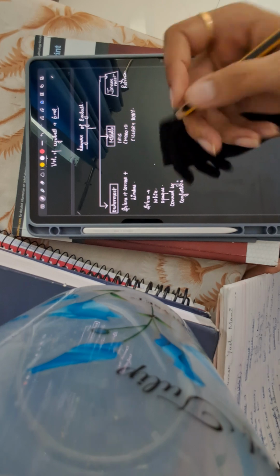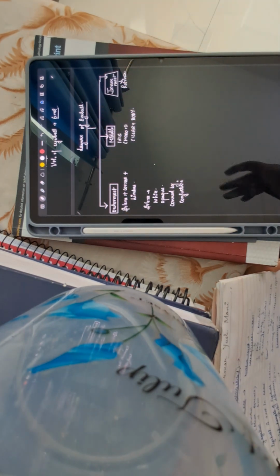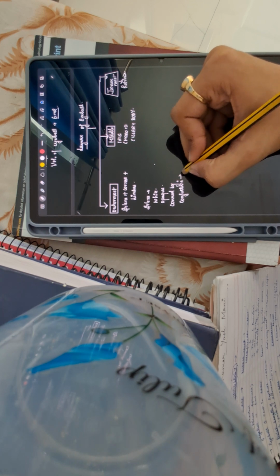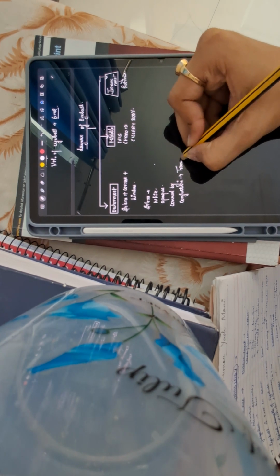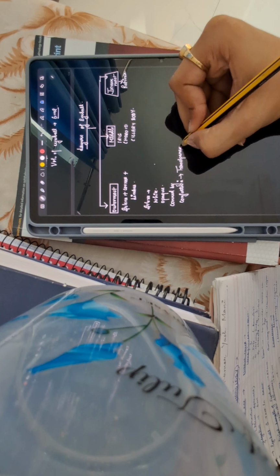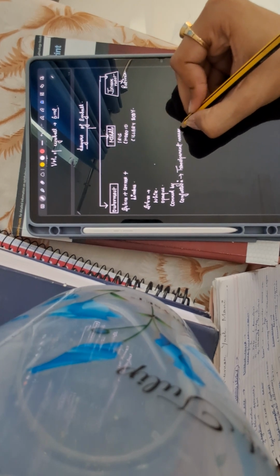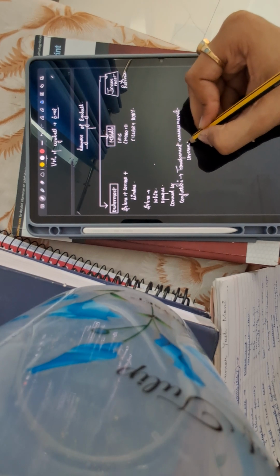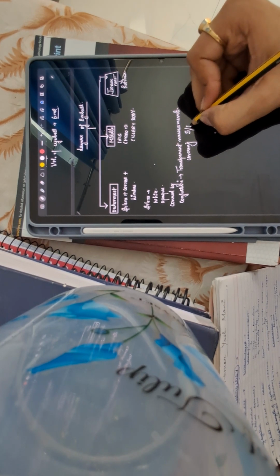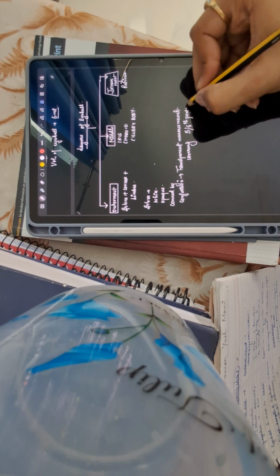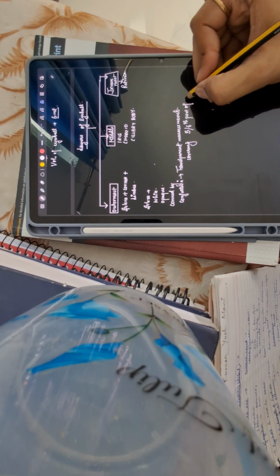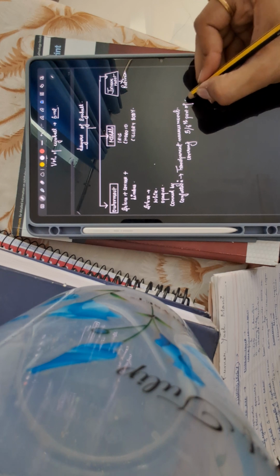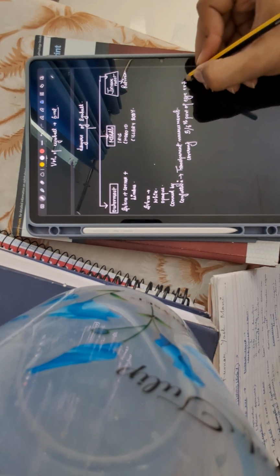I will get into details of conjunctiva later on, but just know that conjunctiva is nothing but a transparent mucous membrane covering 5/6 part of the eye, externally of course.